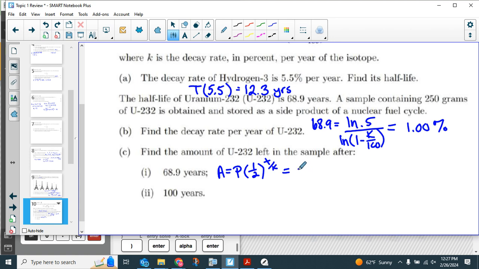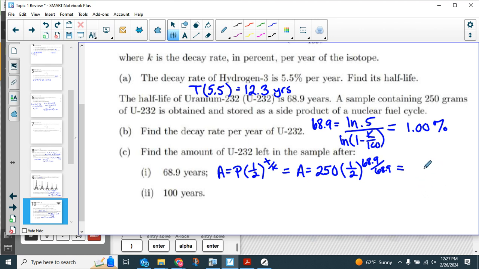So we're trying to find the final amount. It says that we start with 250 grams, times 1/2, to the T would be 68.9. This is silly, I didn't even really need to do this one. 68.9 is the half-life.